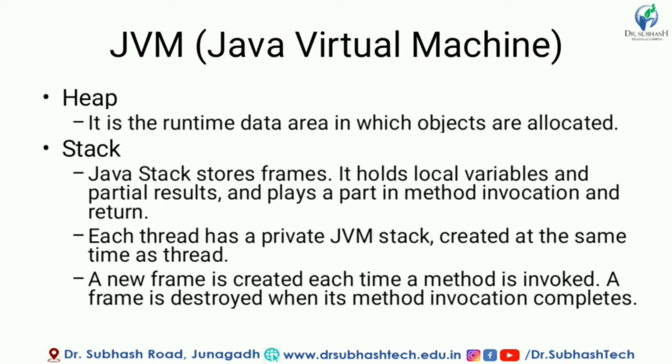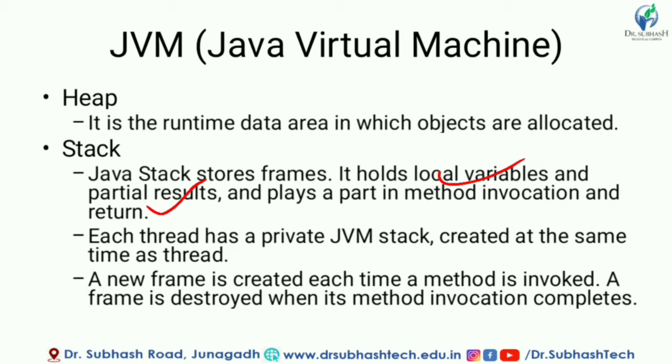Java stack stores the data in the form of frames. It holds local variables and partial results and plays a part in method invocation and return, right? What does it store? It stores the local variables and partial results of the methods.